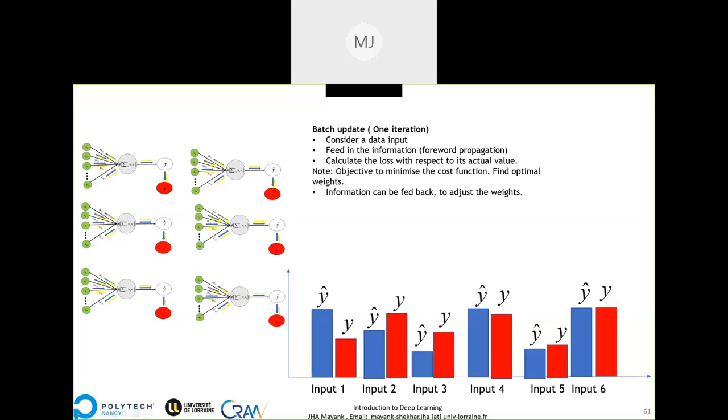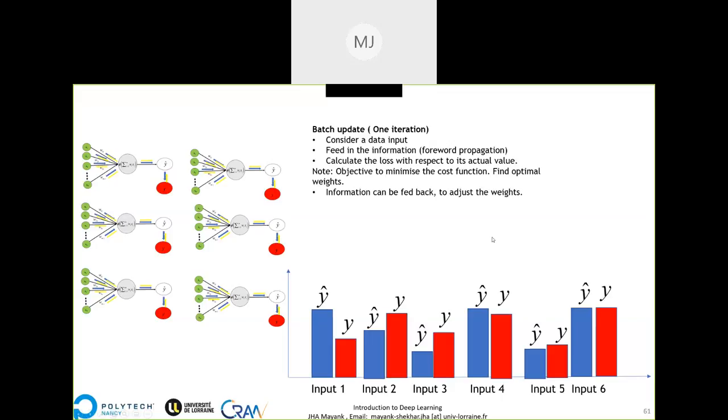Well, that's the ideal case, right? When you do this kind of tuning, you expect that slowly the difference between y hat and y vanishes and it becomes the same.